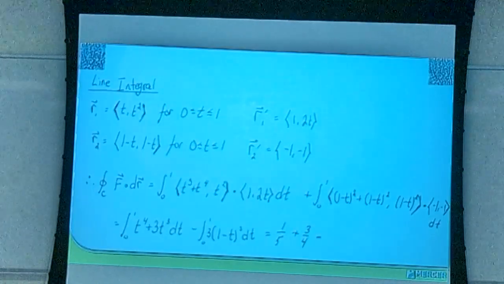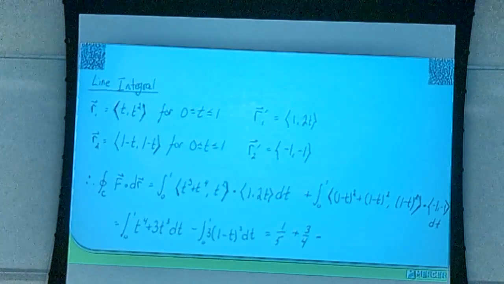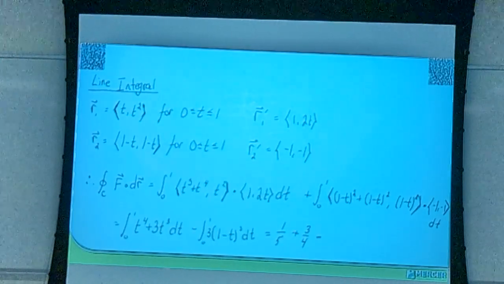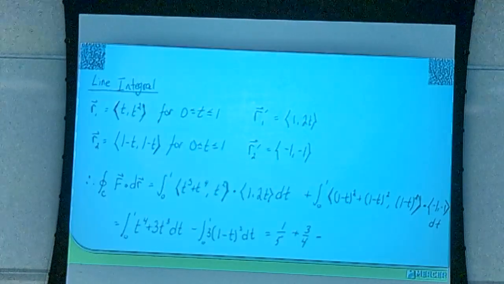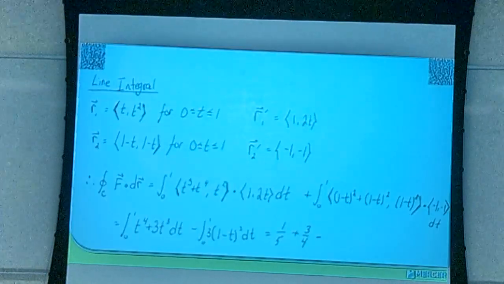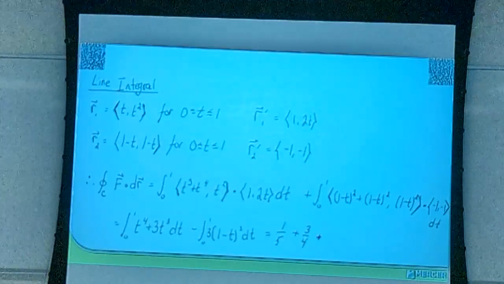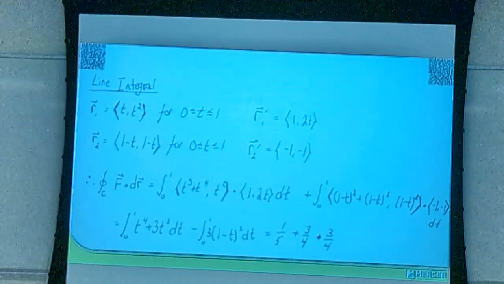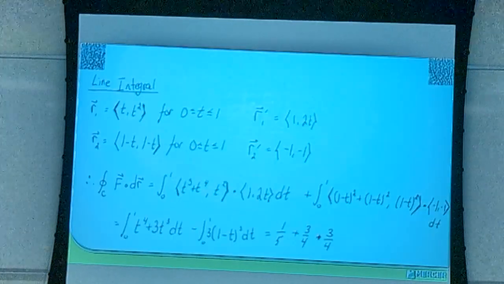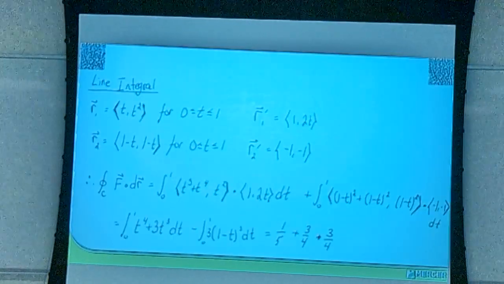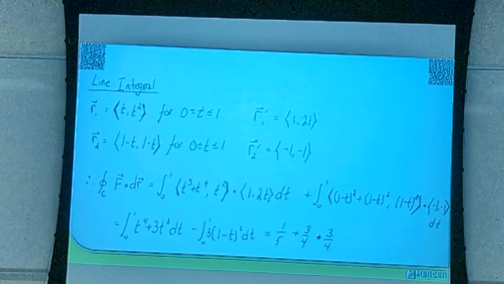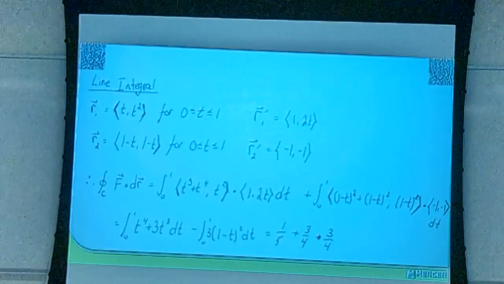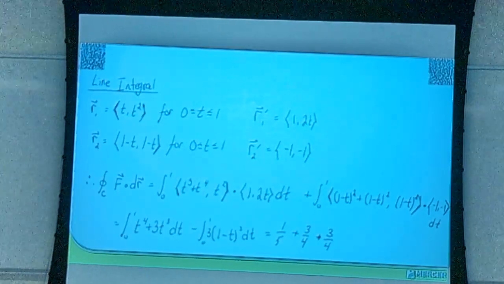Negative 3/4 times 1 minus t to the fourth power. This becomes a plus. And then 1 minus 1 is 0, 1 minus 0 is 1, so that should still be a minus. Right, minus 3/4 in the end.